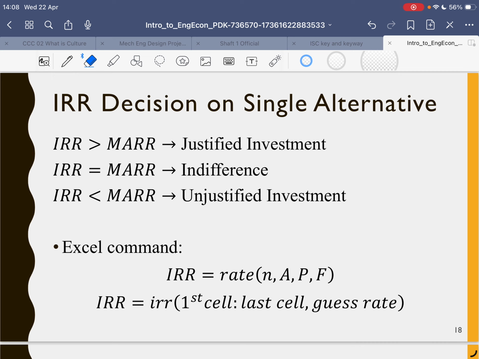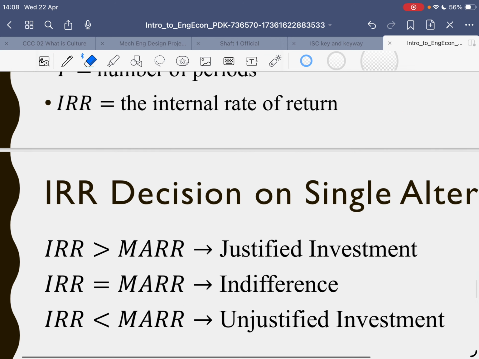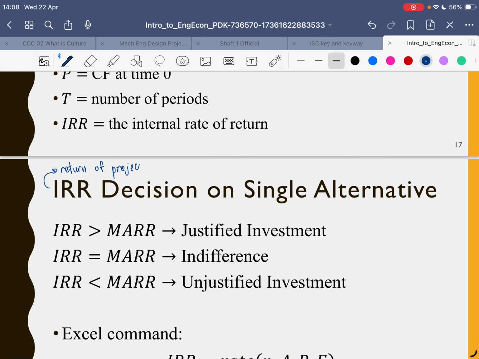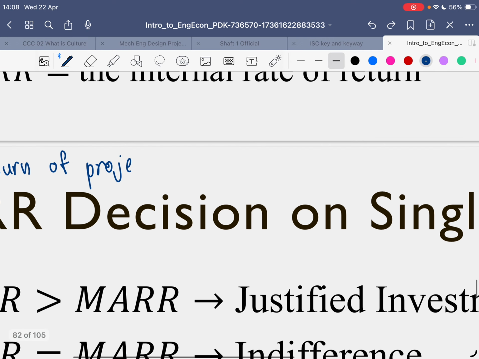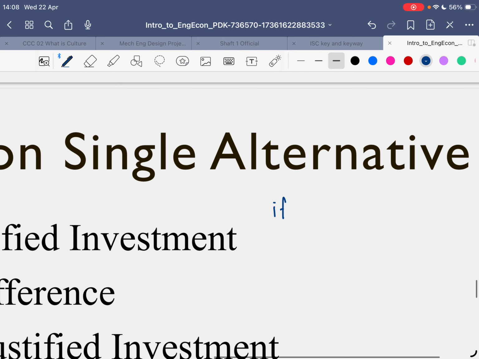If the IRR of project A is higher than MARR, it means project A is financially justified, right?